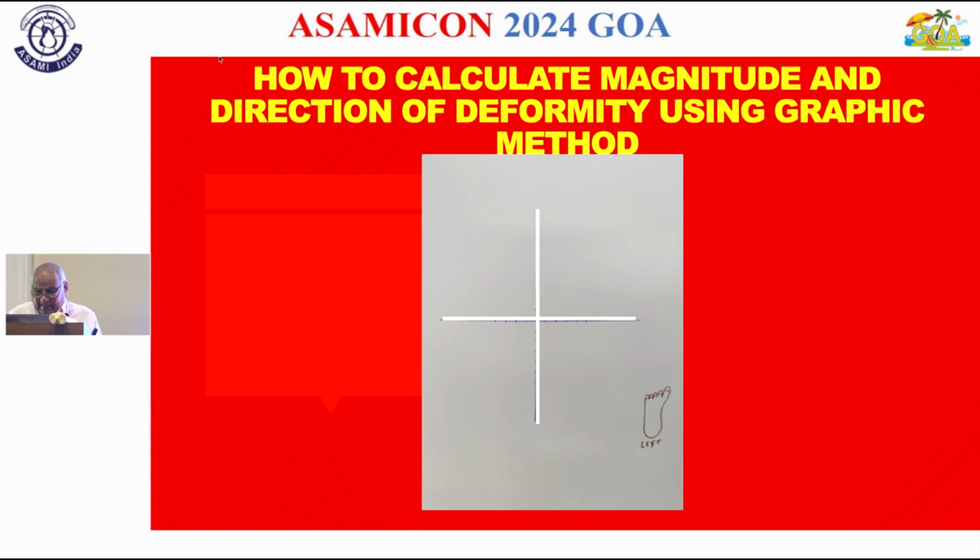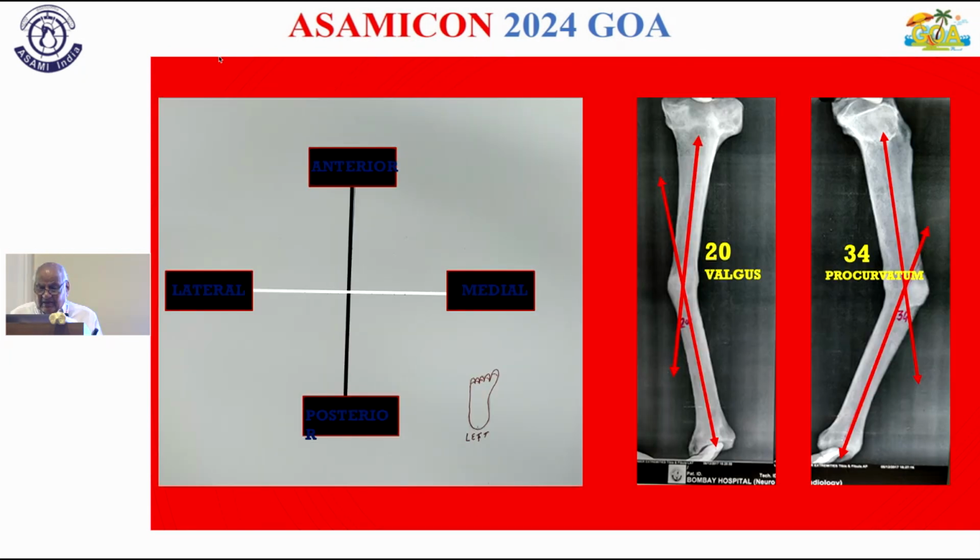So in AP view it is 20 degrees, and this is a valgus angle. And in lateral view it is a 34 degree angle, and it is a procurvatum angle. Now this is a left foot drawn here.